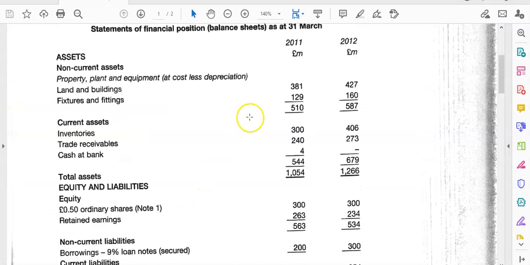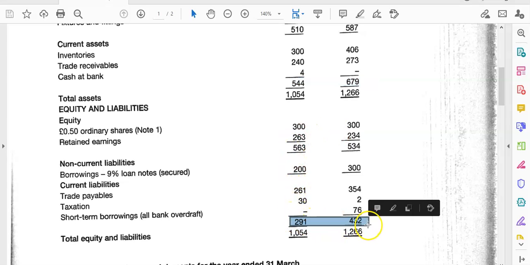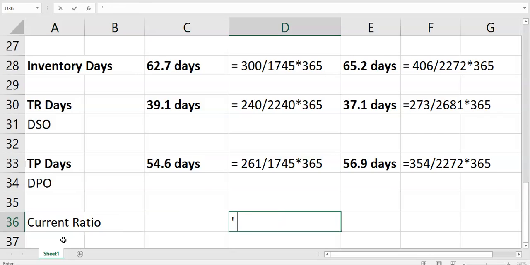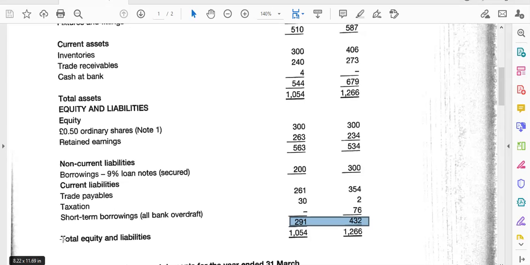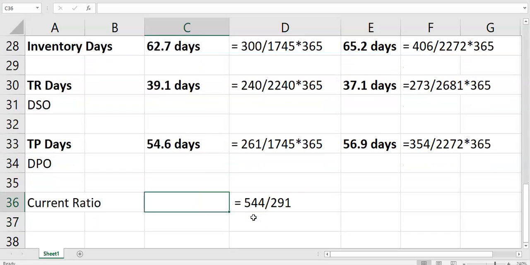So for the first one, we're comparing short-term assets, current assets, to short-term liabilities. And we want to see how much assets we have relative to the liabilities. So we look at this as the current ratio. The current ratio here, last year, was 544 divided by 291.